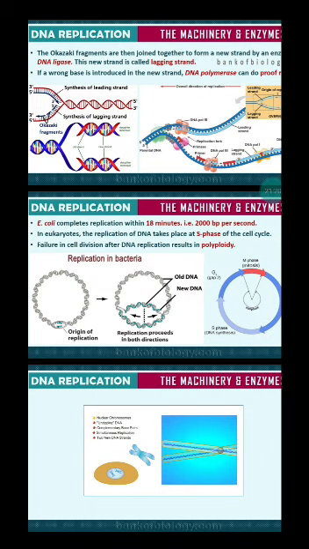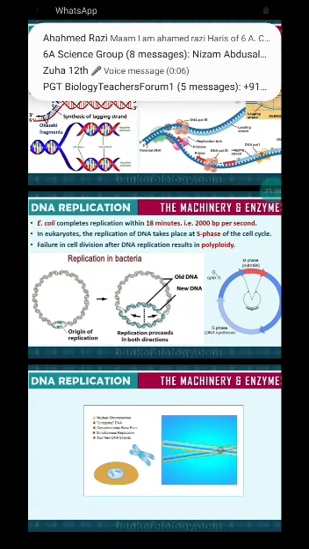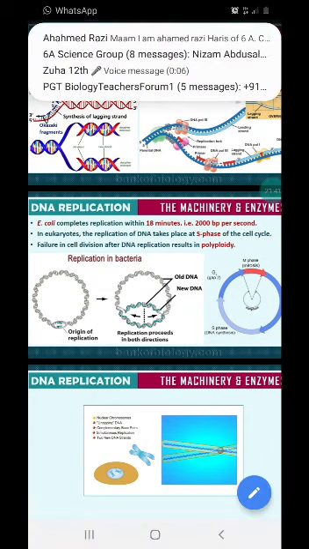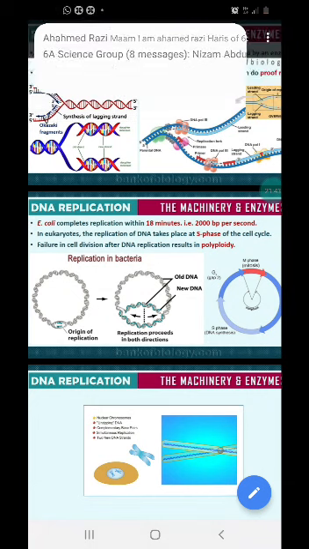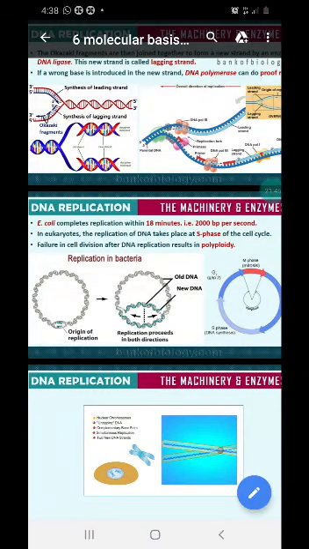The phase previous to the synthetic phase is the interphase or resting phase. Clear? And you should also know that the diploid content of human DNA is 6.6 into 10 to the power 9 base pairs.